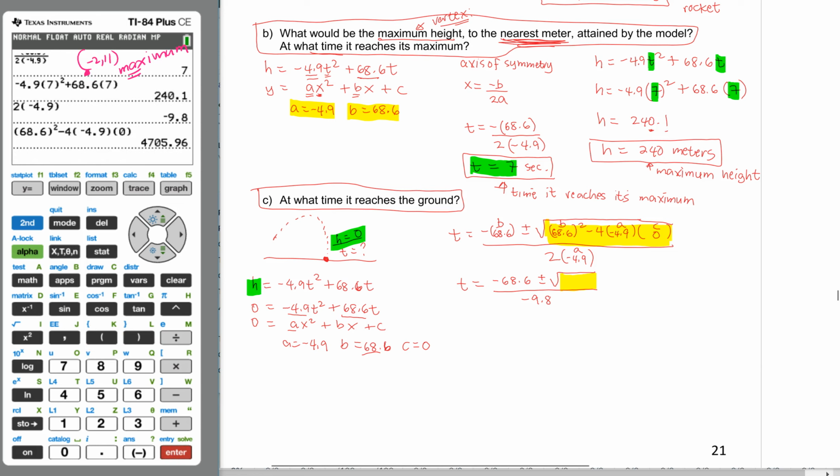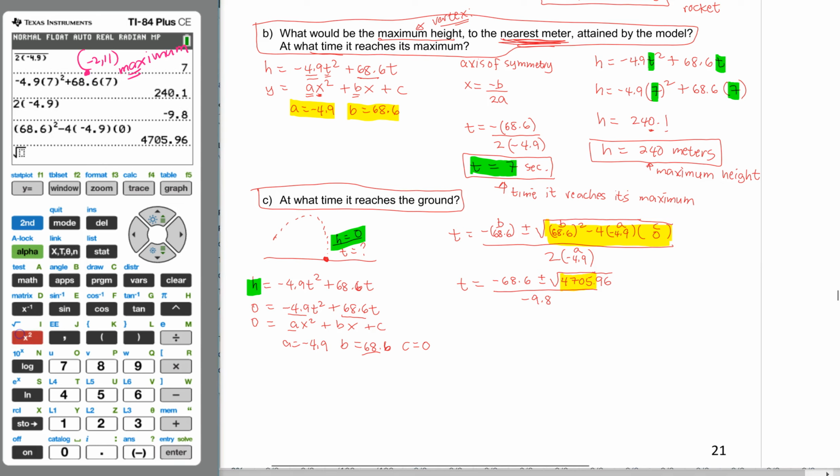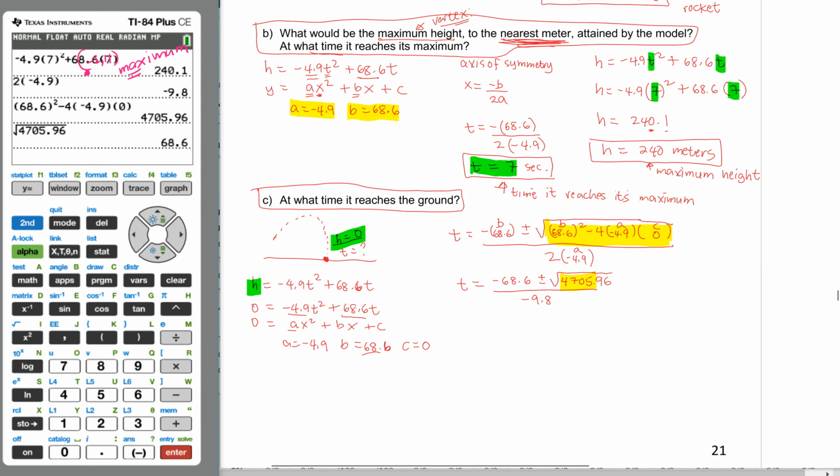This one gives you 4,705.96. Now let's see if there's a square root for that. Press second, square root of 4,705.96, press enter. So we have a square root for that, which is 68.6.